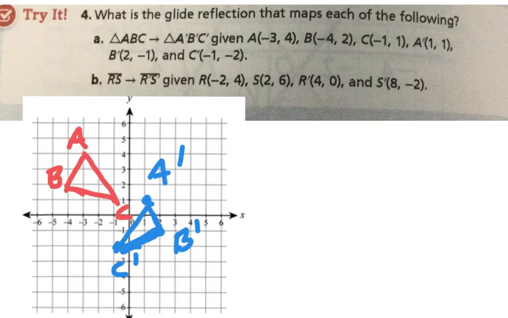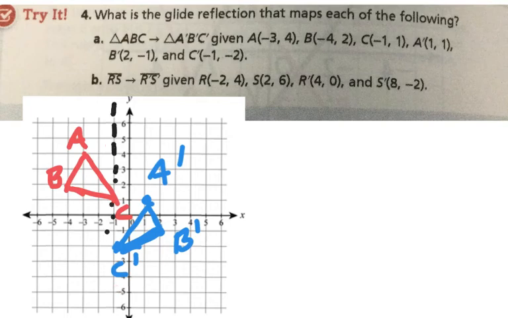So first thing, let's look at what I need to reflect over. Well, let's see what's in the middle of A prime and A. Because A and A prime stayed up here, where did I reflect it over? It would be a line like this, right? You see how B and C have changed their position? Well, look, because C and C prime are in perfect line here, then that's probably the line we're reflecting over.